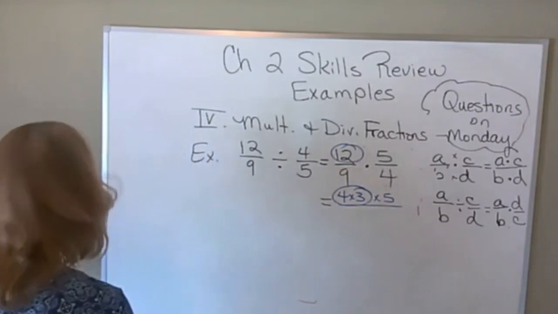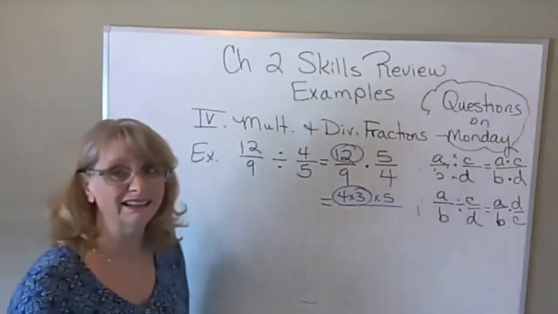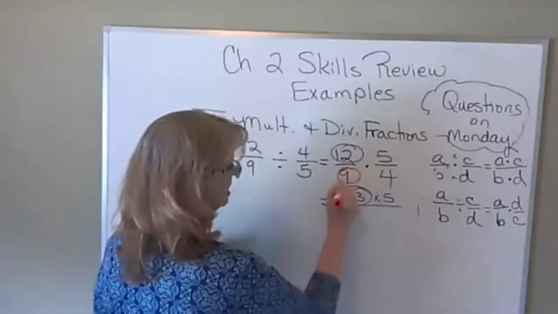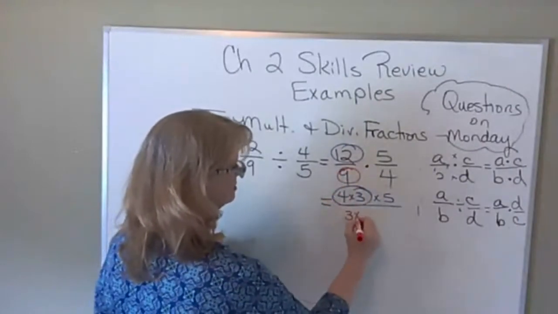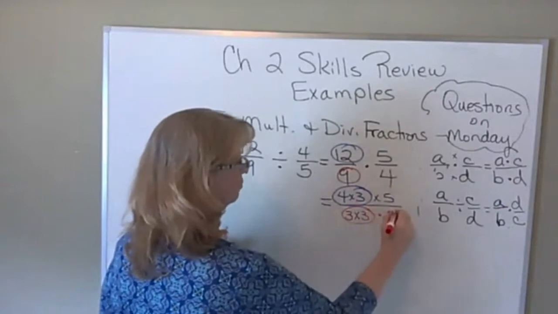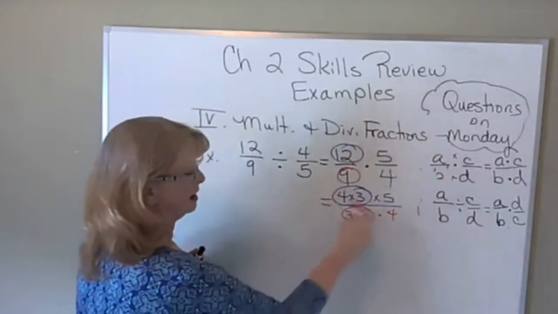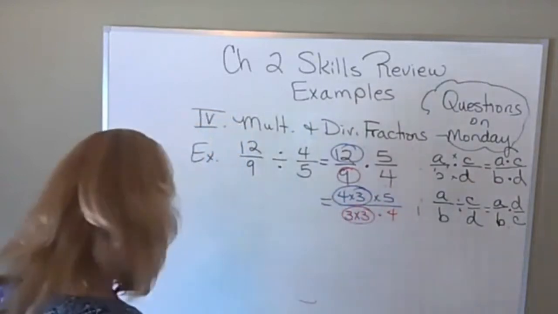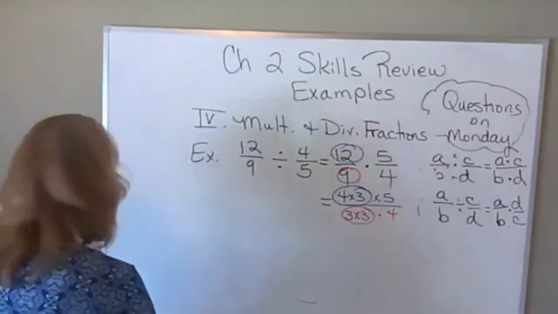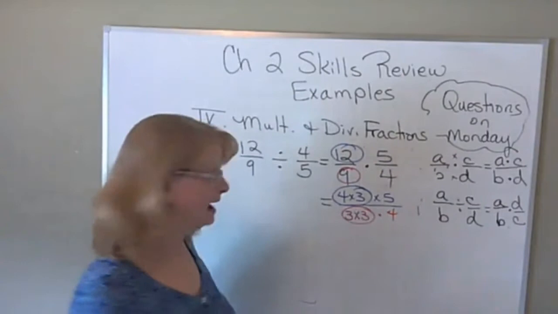And you could rewrite the 9 if you wanted to, but since 9 is, well, let's go ahead and do that. That 9 would be 3 times 3 times 4. And I'm not going to break the 4 down because I already have a 4 that matches. And then I'm going to cancel out common factors.